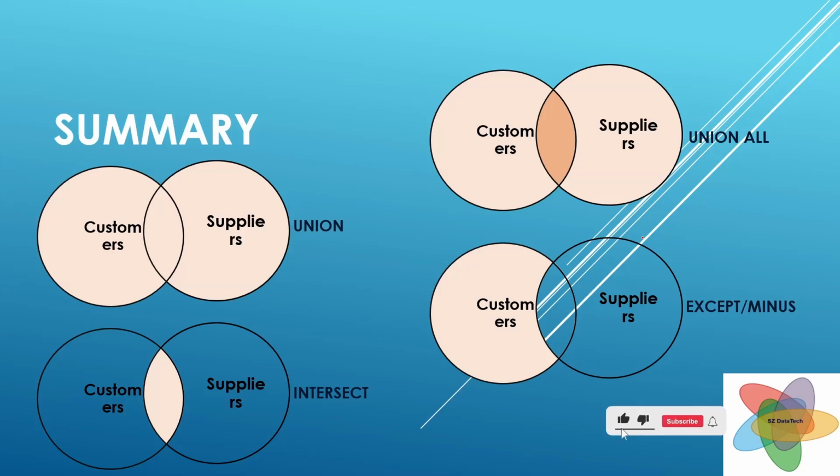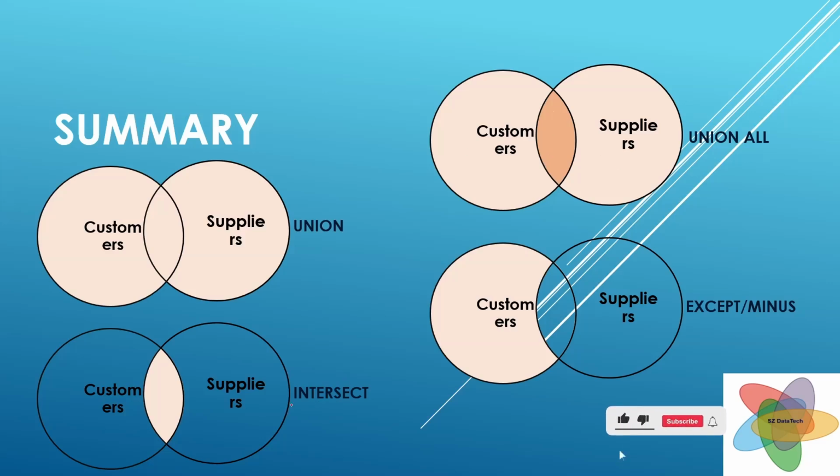So in summary, we can say that union and union all both combine the result sets. The only difference is that union will remove duplicate records, whereas union all will keep duplicate records.